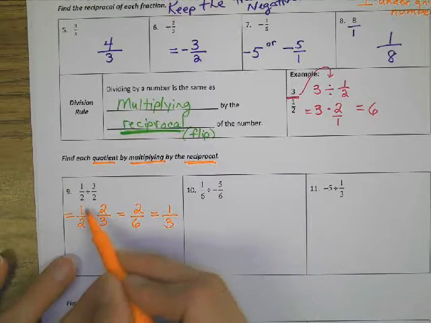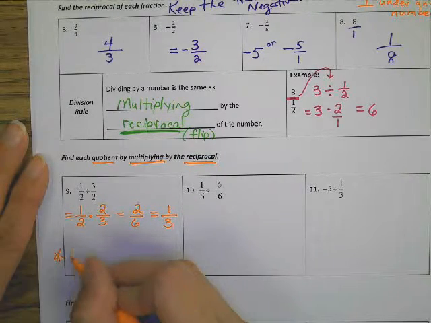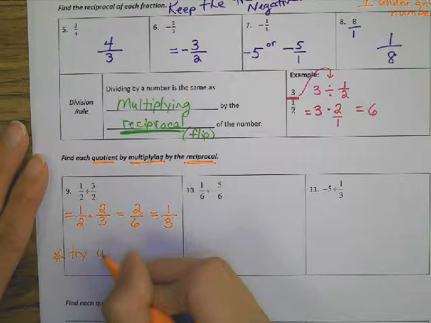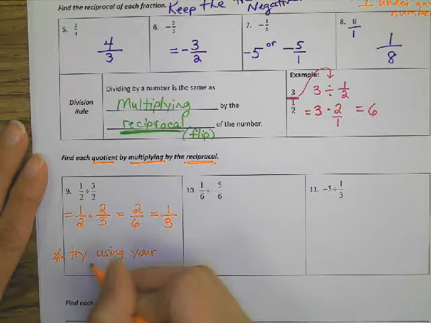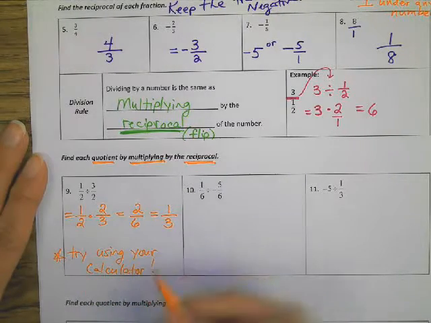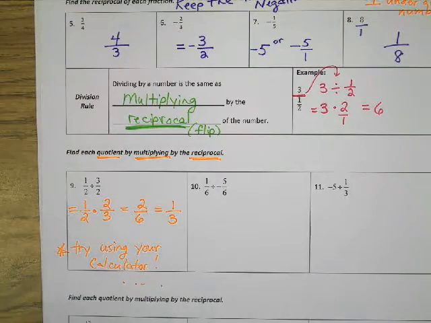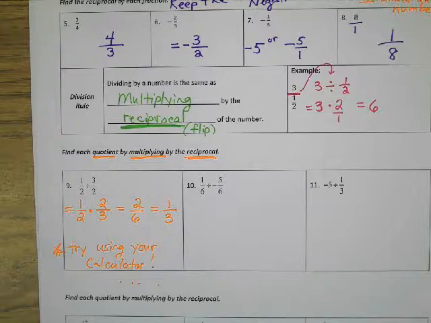I want you right now to take out your calculator and try 1/2 times 2/3. You don't need to write this down. Go ahead, get out of your bag and try the fraction button.